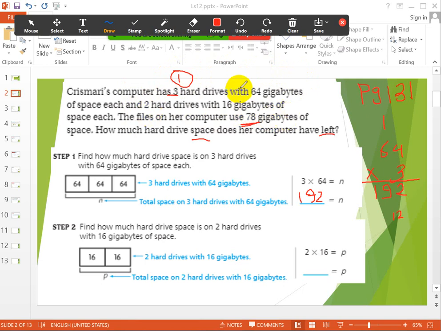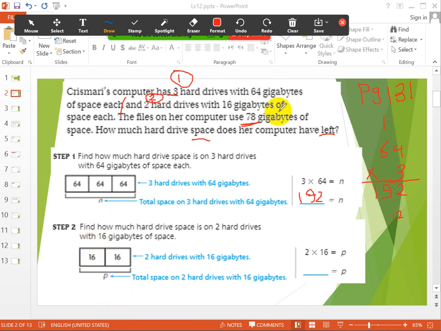That means I have kind 2 of hard drives. This is kind 2. Look, I have kind 2, and we name this kind here B. In each hard drive in this kind, the space equals 16 gigabytes.